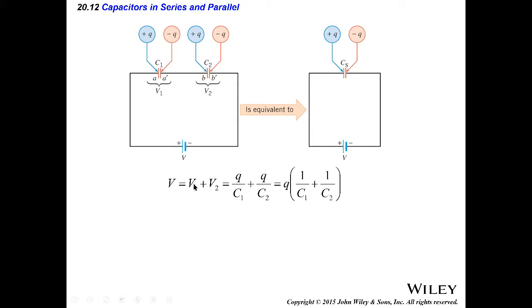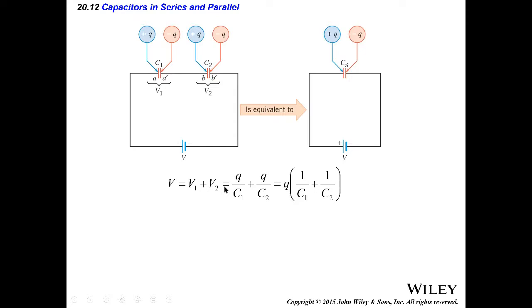But the voltage across here plus the voltage across here must be equal to the total voltage, because that's my supply. If I am supplying 6 volts, then it may drop down to 3 volts, then drop down to 0 volts, so that overall is 6 volts. So the voltage across capacitors in series adds up.